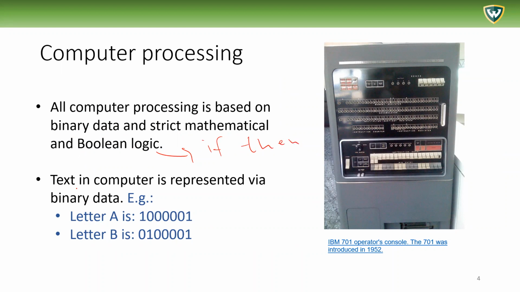So text in computer is represented via binary data. So for example, the letter A will be represented as 1000001, and letter B is represented as 01000001. And that's in the encoding called ASCII, which we will talk about.